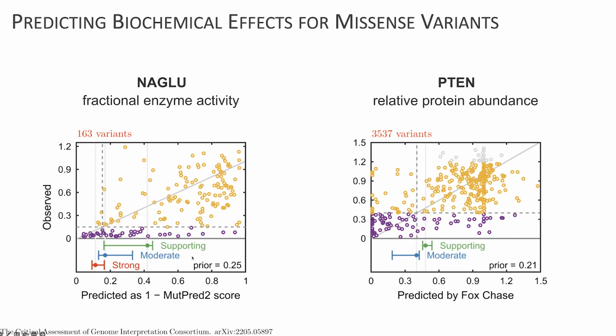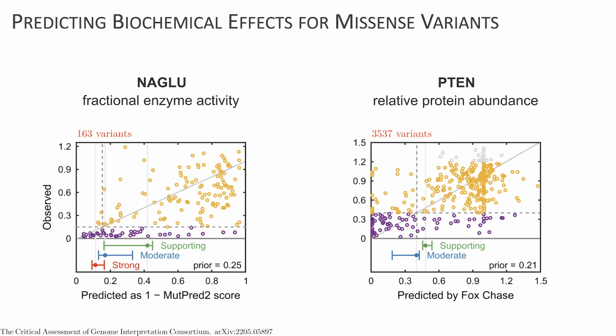We know that the prior for this particular gene, NAGLU, is 25%. Why? Because this experiment considered a random sample of variants from the ExAC database, and therefore the number of variants that have enzymatic activity below 15%, which our collaborators determined strongly correlates with disease outcome, is about 25%, and you can take it as a class prior.